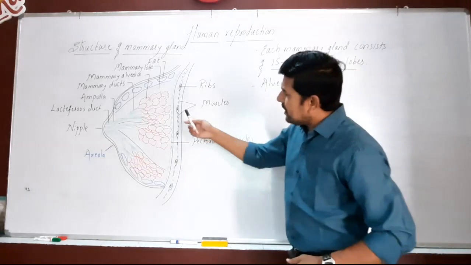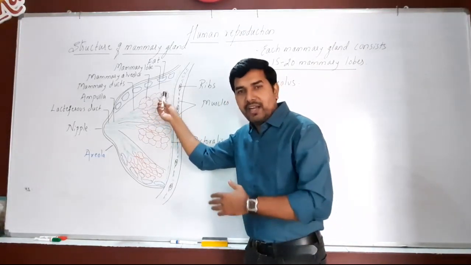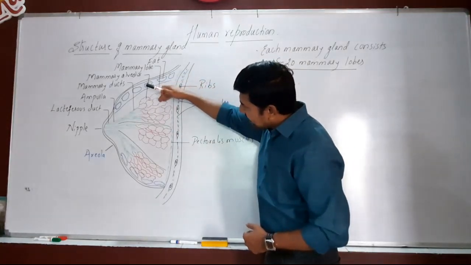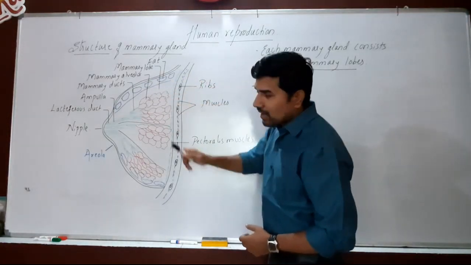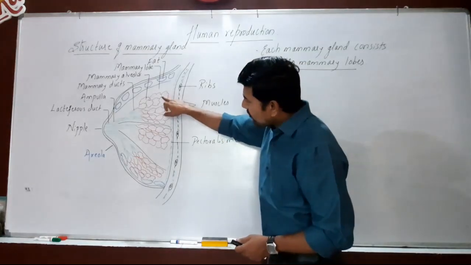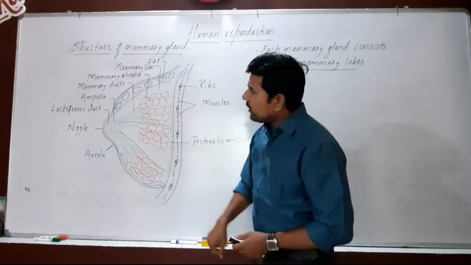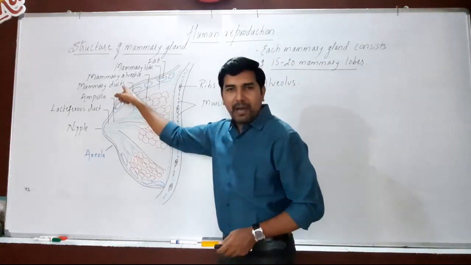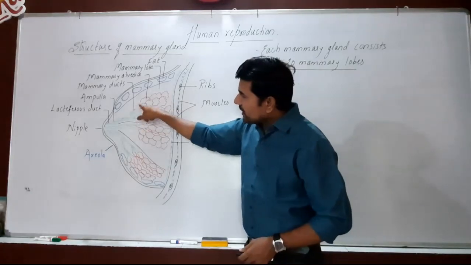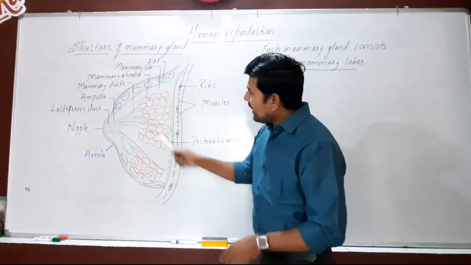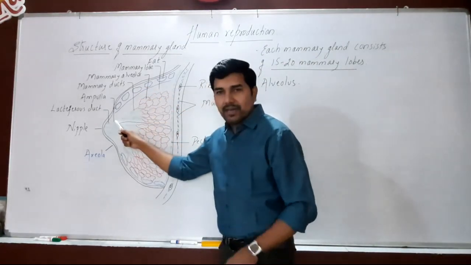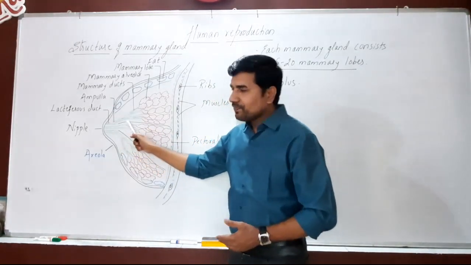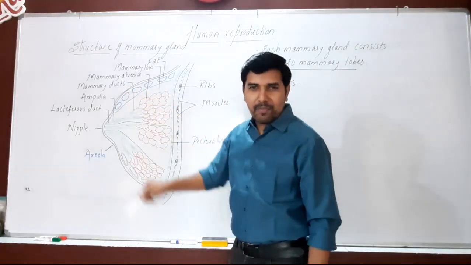These alveoli are sac-like structures, and the milk is secreted here by the cells of the alveoli, and after secreting, it is released into the duct, and the next duct we call the mammary duct. Now through the mammary duct, when the milk is released, it enters into the next bulged part, which is called the ampulla, also termed the mammary ampulla.